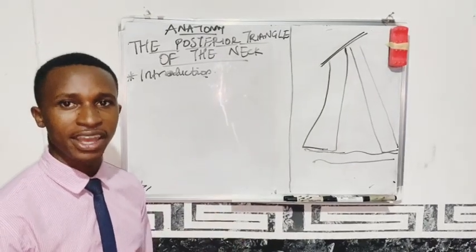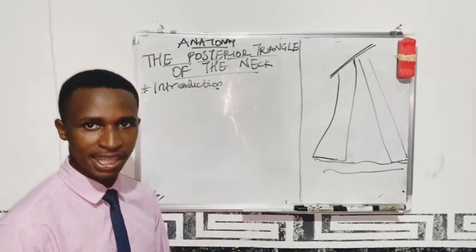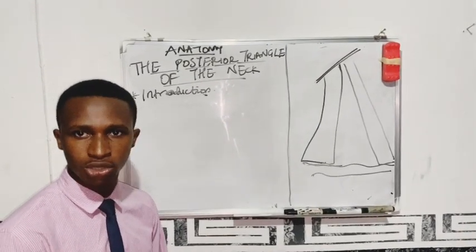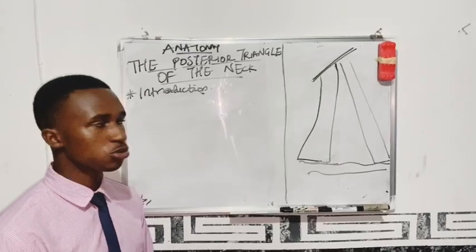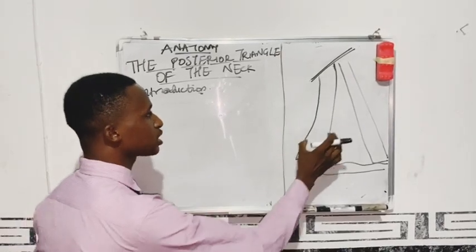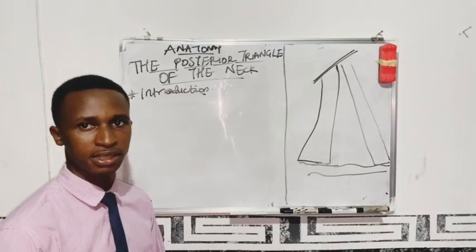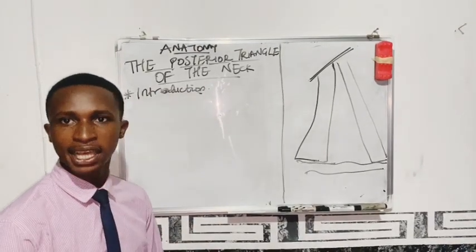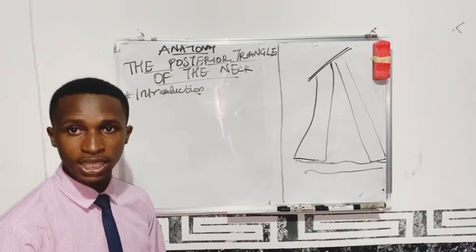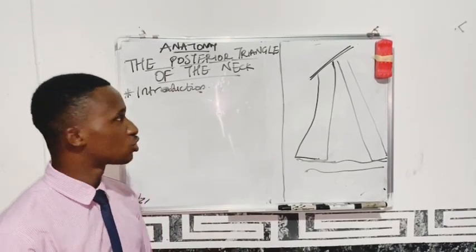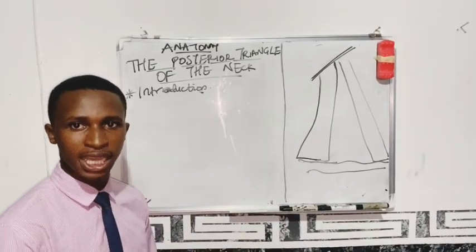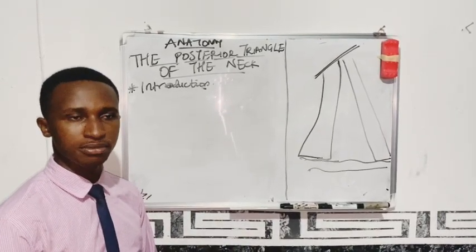It is a triangular landmark in the neck that is essential for locating some important structures in the neck. So there are some structures within this important landmark in the neck. Since we call it the posterior triangle of the neck, you can simply know that this landmark is triangular in shape.